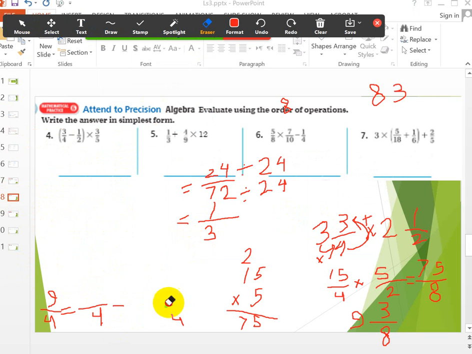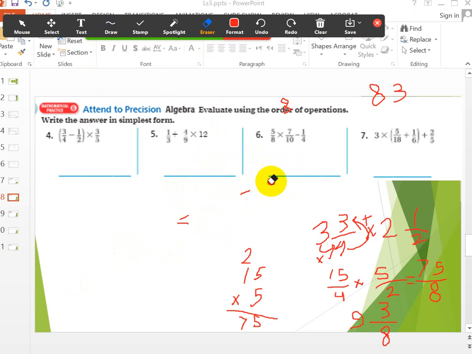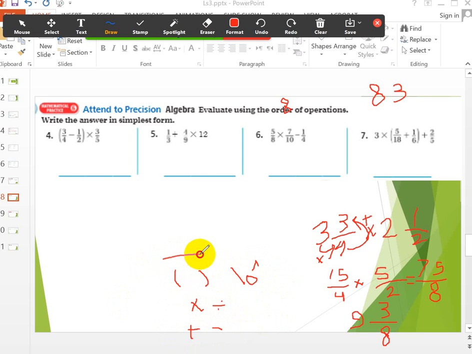First I have to start with parentheses and powers, then multiplication and division. The last thing I have to do is addition and subtraction, and all the operations go from left to right.